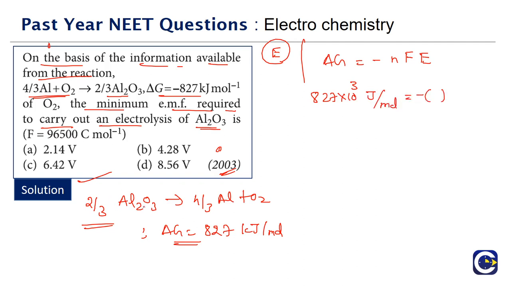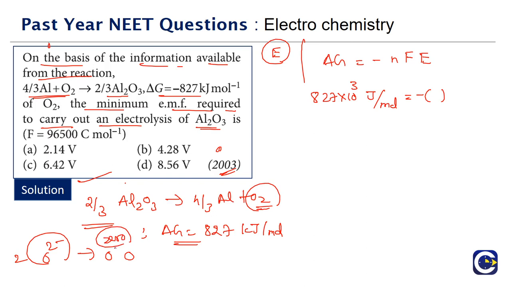See, for this cell equation, if you observe it, we can calculate the number of electrons exchanged either by tracking aluminum or by tracking oxygen. If you see, there are two oxygen atoms involved. In the reactant side, both oxygen atoms are in the form of oxide ions, means O2 minus. In the final, they are becoming O2 molecule. In O2 molecule, each oxygen atom, what is the oxidation state? 0.